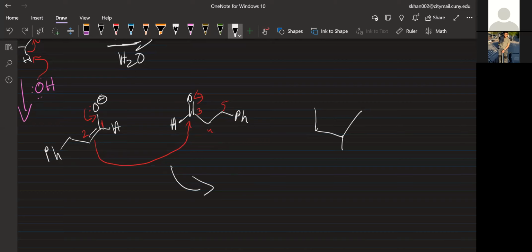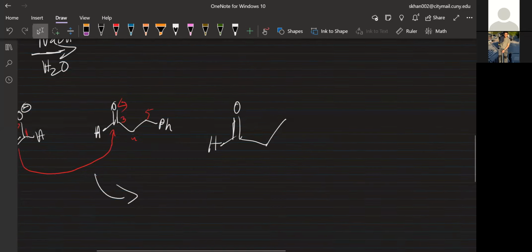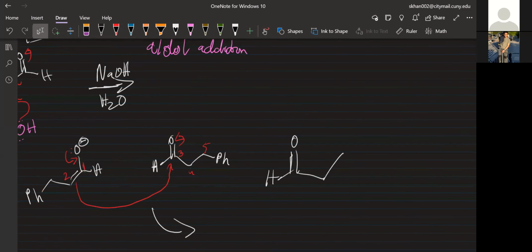Let me draw the original structure first. That's 1, 2. Whoops. We're missing 1 carbon, which is our pH. Just draw that in. Need a rubber band to keep my sleeve up.